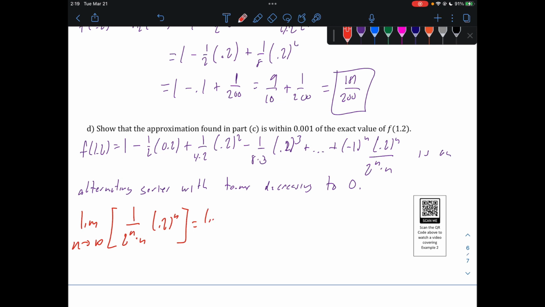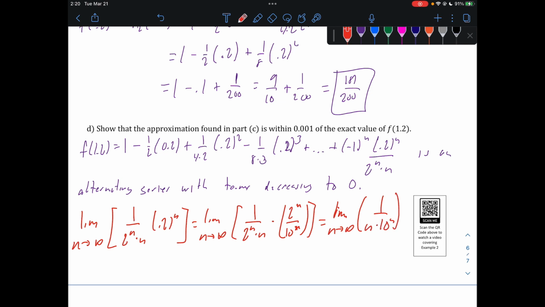So I can change this as limit, n goes to infinity, of 1/2 to the n times n times 2 to the n over 10 to the n. Why would I do that? Well, obviously then the 2 to the n's can cancel out, and I'm left with limit as n approaches infinity of 1/n times 10 to the n. If I put infinity into that, I would get 1/infinity, which is 0.